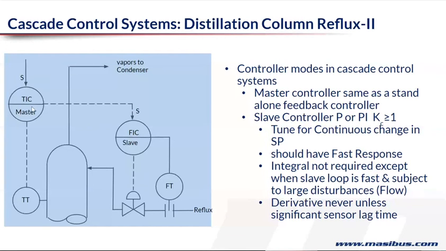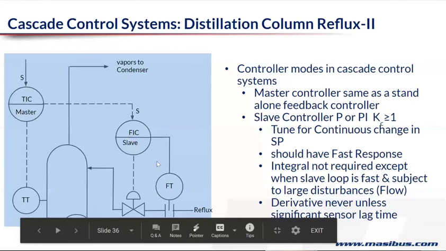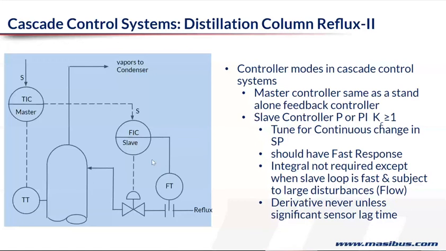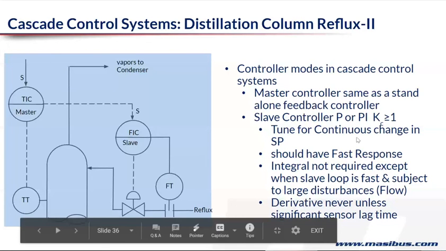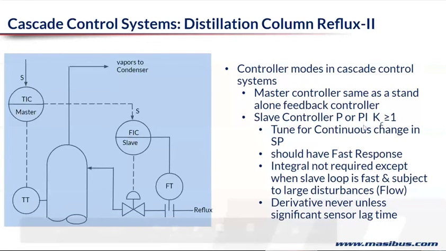Like we said, for temperature control, you need to use a PID. So the master controller, you need to use a PID. The slave controller, because it is flow and fast, you need to use it only as a P controller. And the P band setting, you need to keep the gain high, so a very narrow P band.